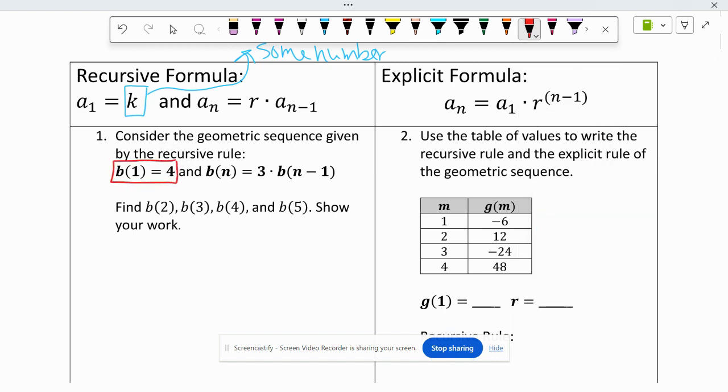Okay. What are we doing to each term to find the next? This is a geometric sequence. We're not adding, we're doing what? What symbol is that right there? Multiply. So to find b of 2, it says we have to take 3 times b of n minus 1.